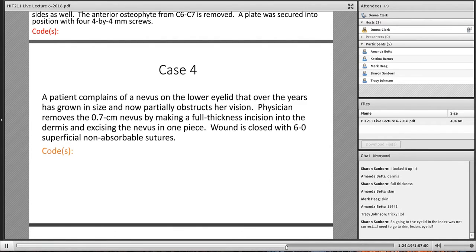If we have an incision or procedure that involves only the skin of the eyelid, then we're going to code from our integumentary section.